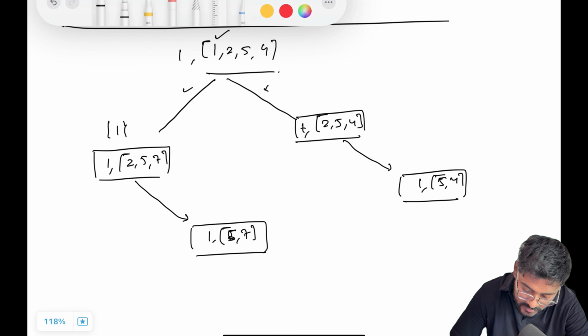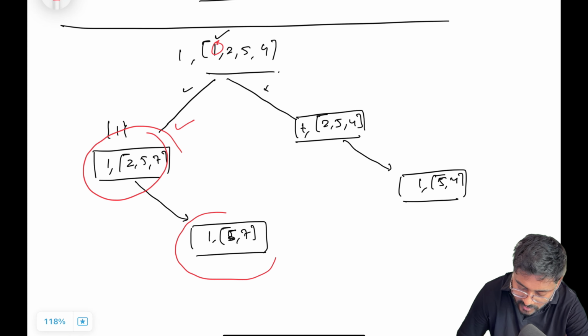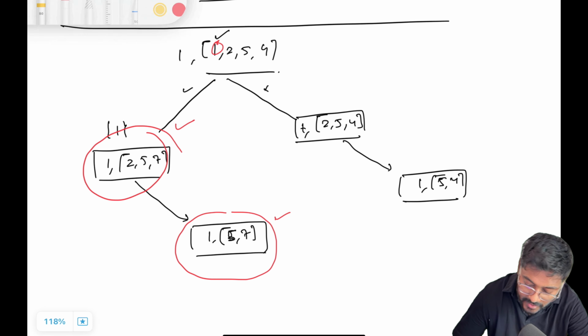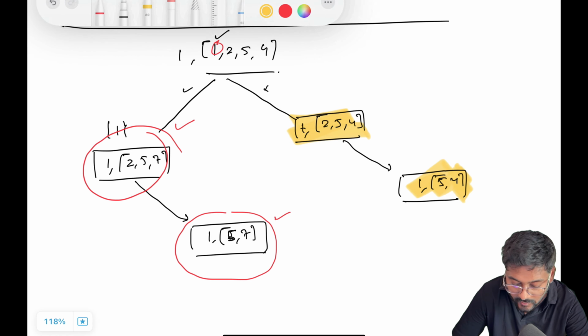So here you can see that even if we are taking 1, I'm getting this problem, I'm solving it. I'm also solving this problem. But after some time, I'm getting this problem again. So this is already solved. If the result was somewhere stored in some cache, I could have directly used it. And this problem we are also getting again. So there are overlapping subproblems.